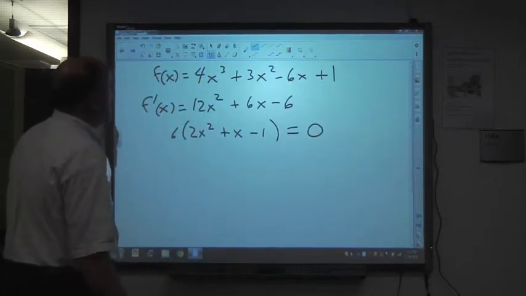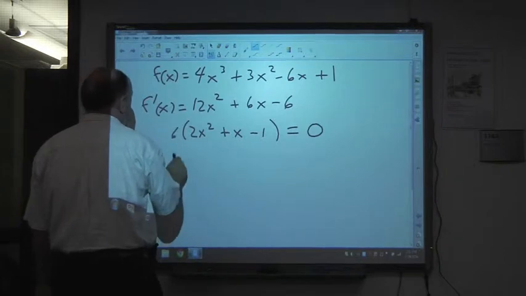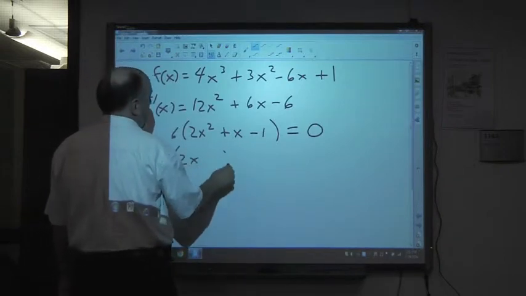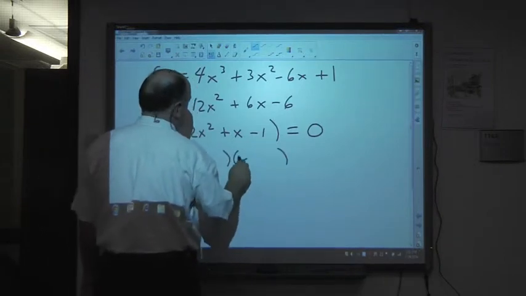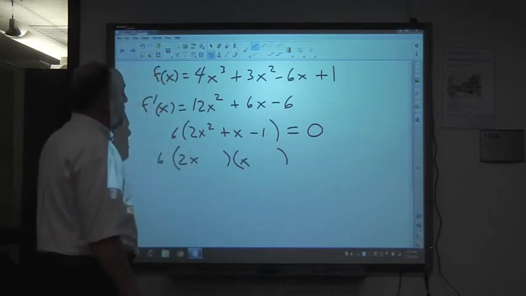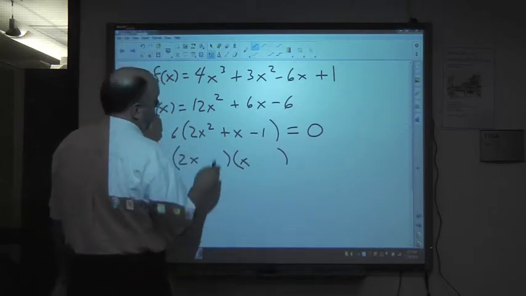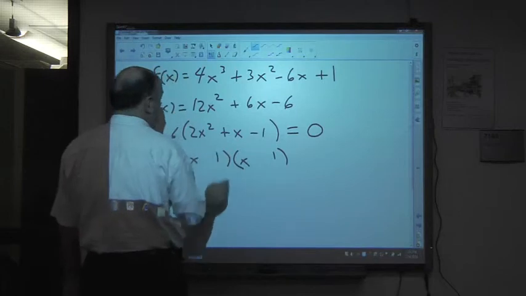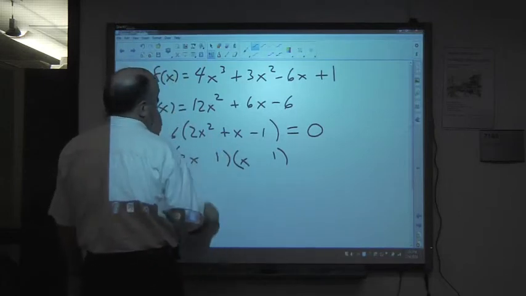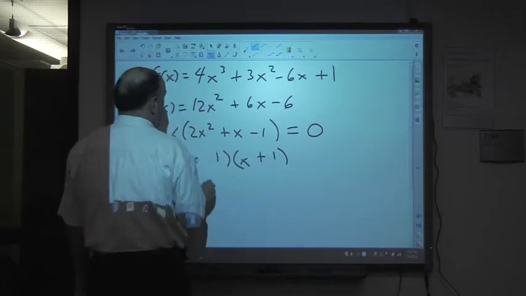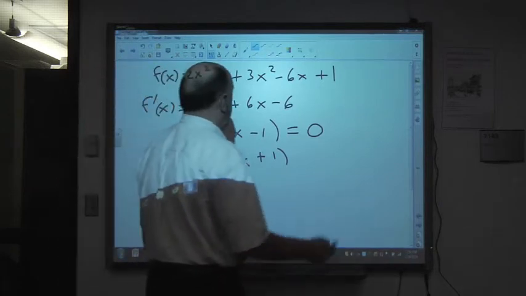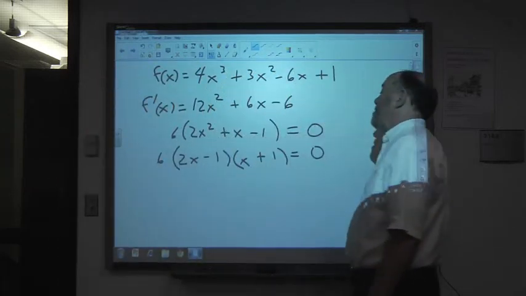So now the question is can we factor this? With that 2x squared, we know it's got to be an x and a 2x. It's a minus 1, and we only get one way. And because it's got to be a positive x, that'll make that the plus and that the minus. And we set it equal to 0.